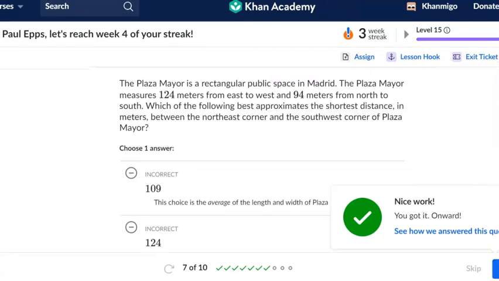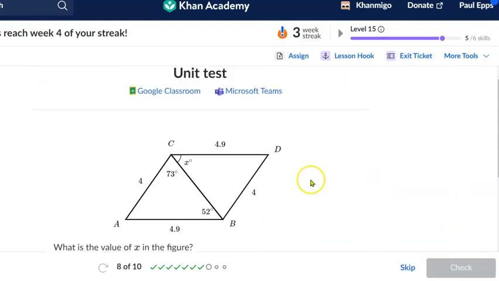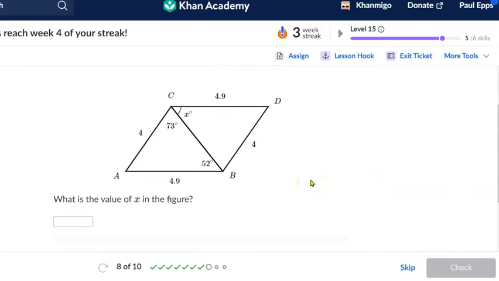Okay. What is the value of x? Can we just do one of these? It's alternate interior angles. It is, where's the pen?